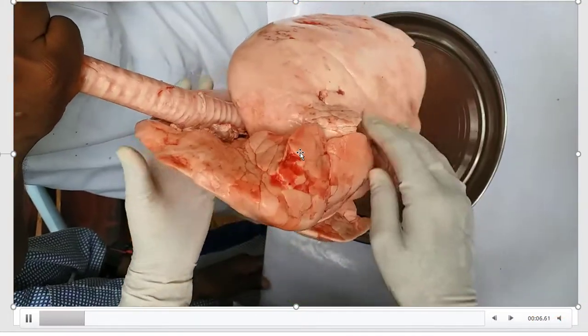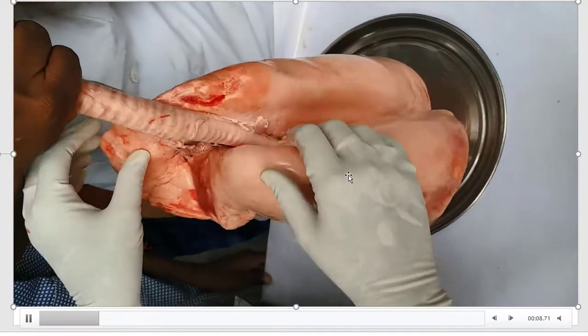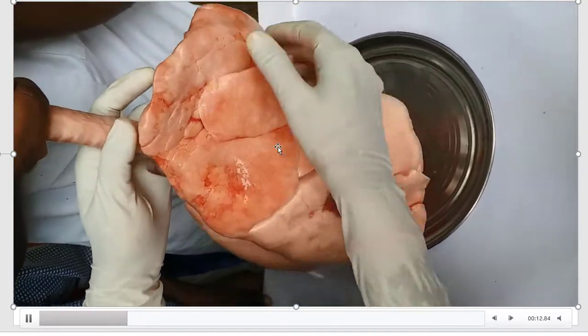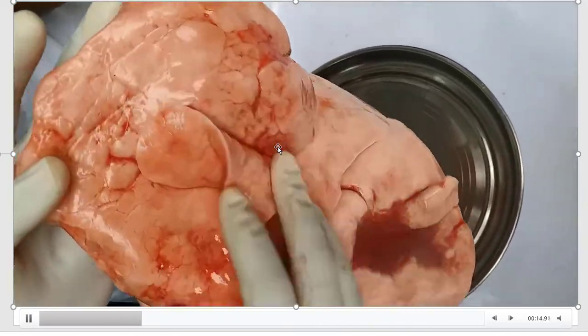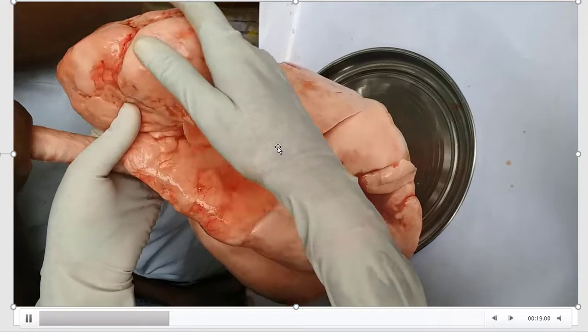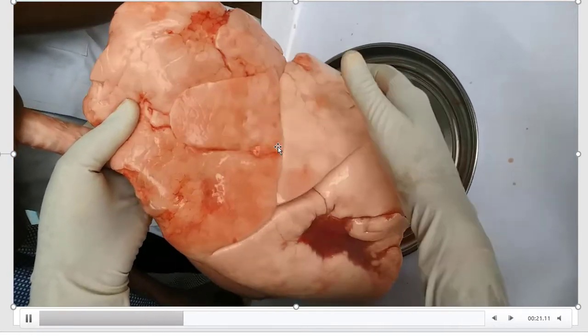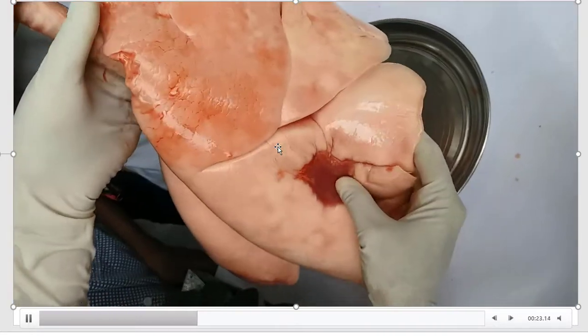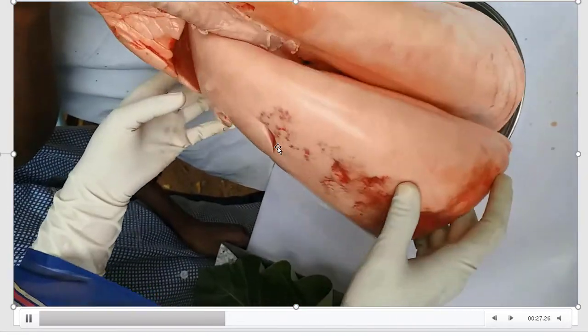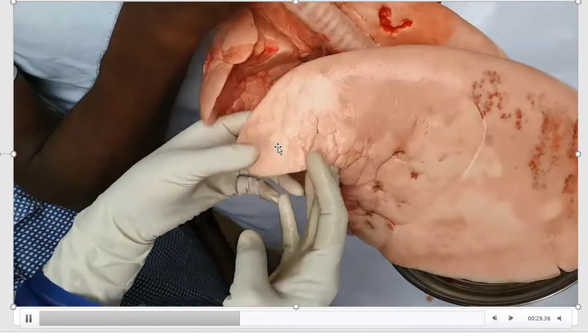Behind the left lung, the heart is located. The right lung has 4 lobes. 1, 2, 3, 4. This is the sheep lung, which has 4 lobes. We have 3 only.